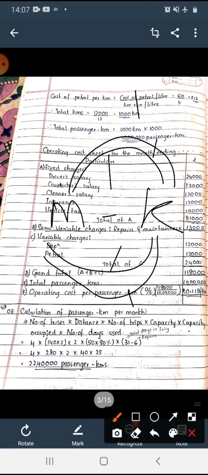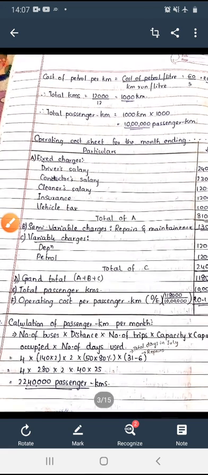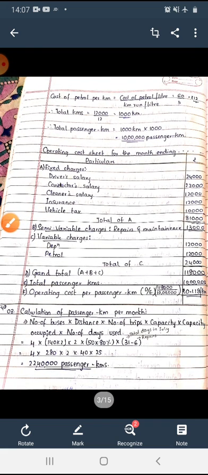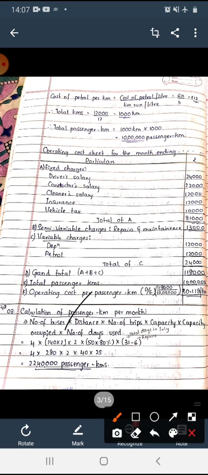So now, how to calculate? Calculation of passenger kilometer per month: number of buses into distance into number of trips into capacity occupied into number of days used. Number of buses, 4 buses, into distance 140 kilometers.